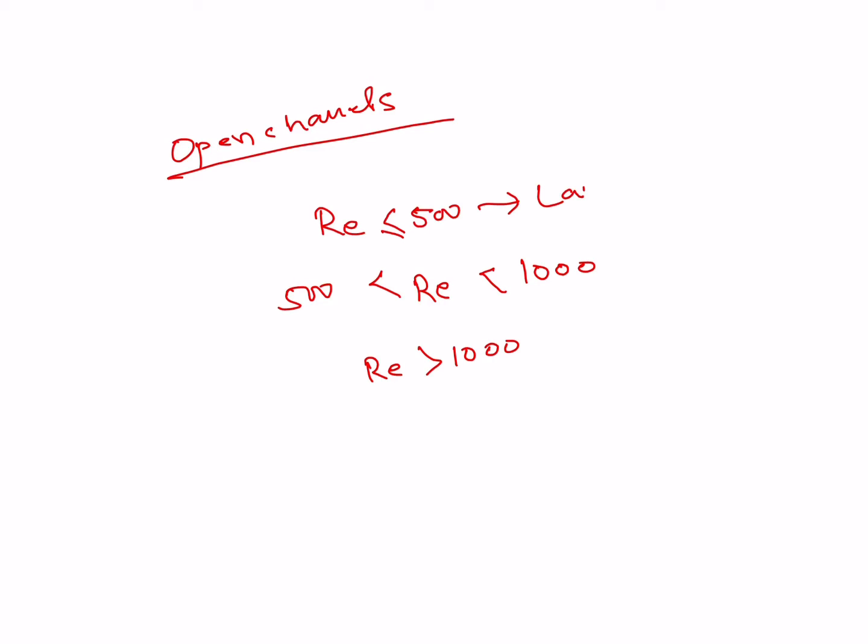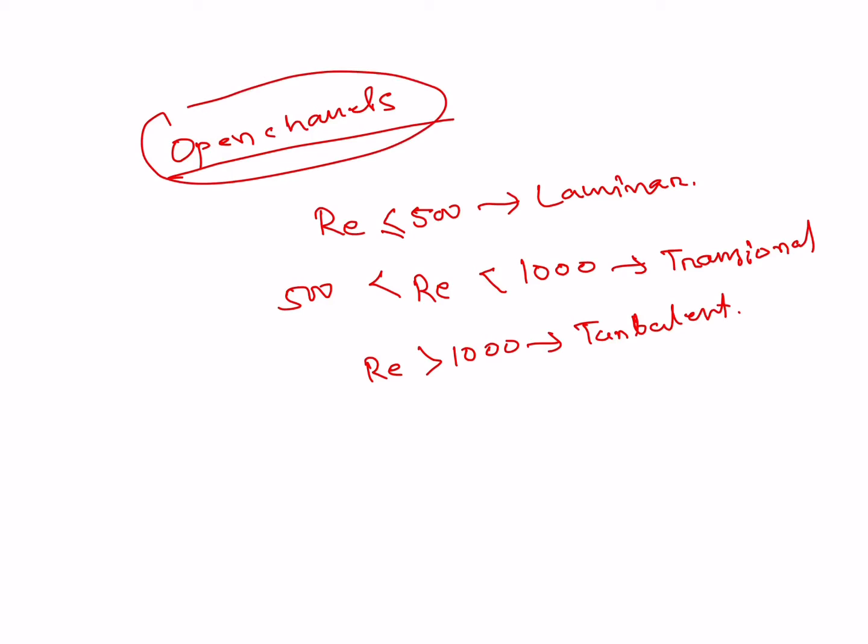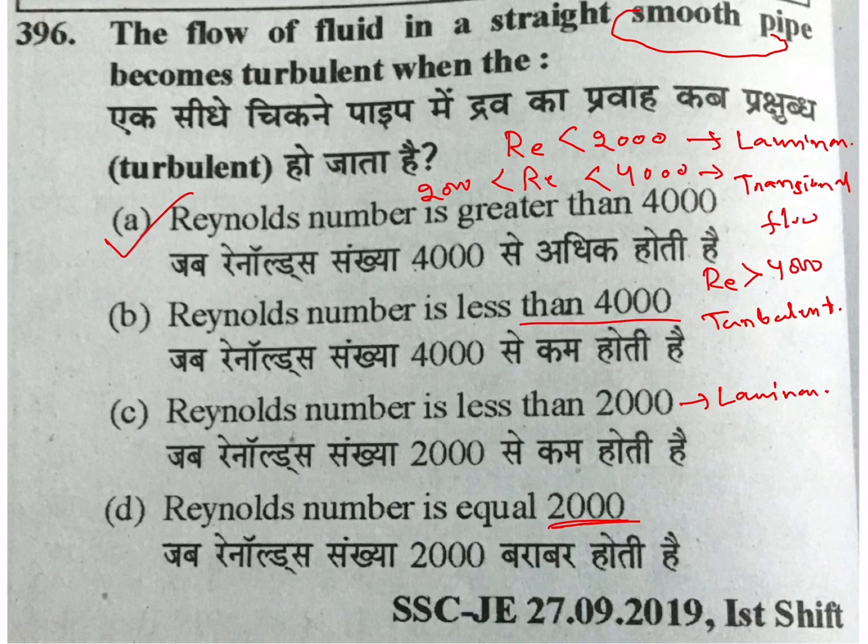This one is laminar flow for open channels, transitional and turbulent. Both are important for open channel flow and smooth pipe flow.